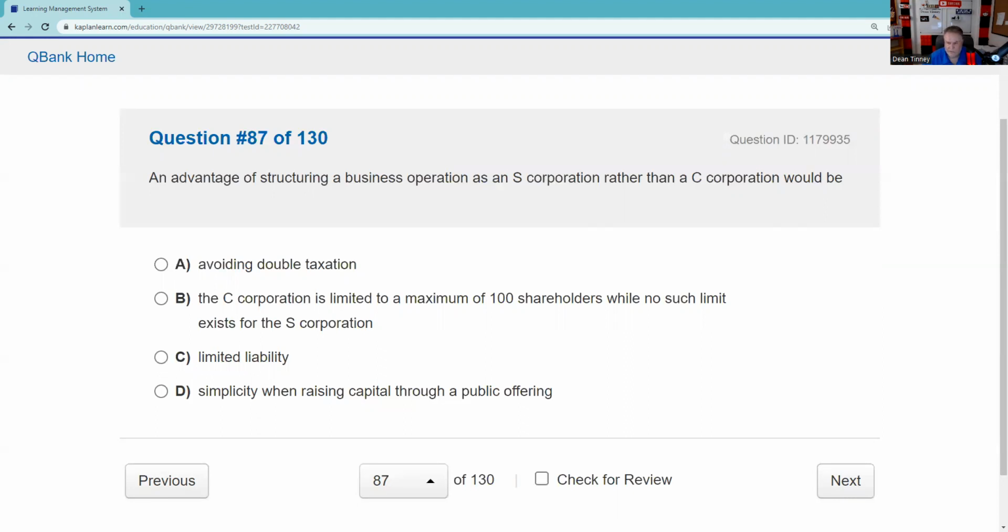So the S Corp, it's going to have a flow through. You're going to avoid that double taxation. The C Corp can have unlimited number of shareholders, so B is wrong. C Corps have limited liability, simplicity, no. Raising capital through a public offering, no. It would be very hard for an S Corp to go public. It's A. Again, you're going to get at least 1 or 2, 3 questions on business structures.